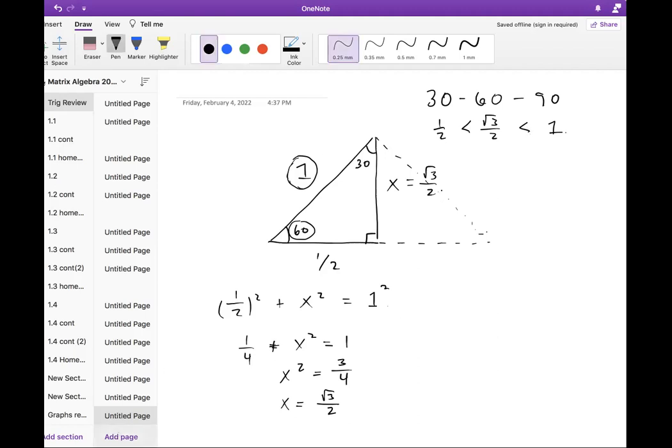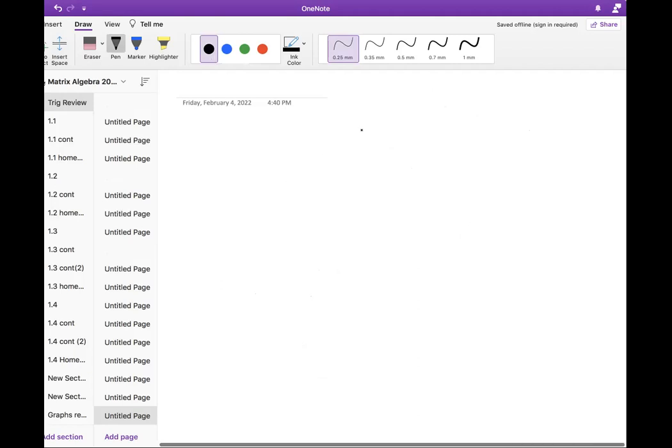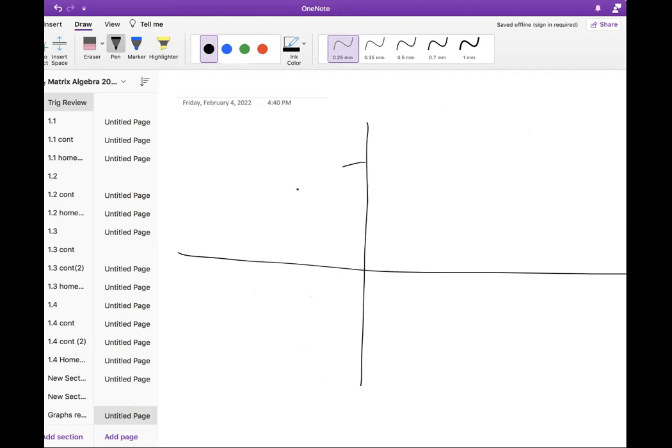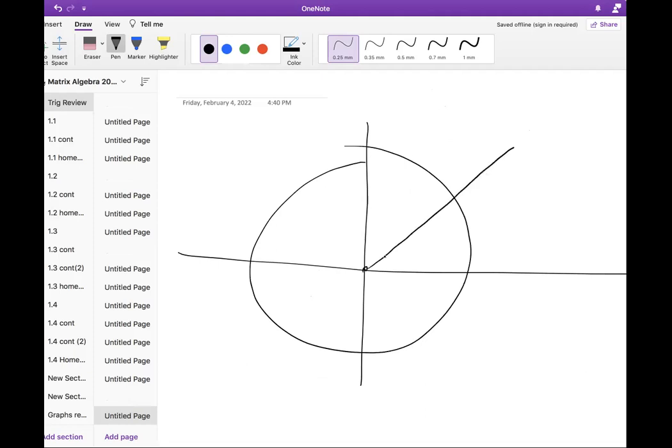Okay, so let's go back to our circle now. So let's have a ray with angle 60. When it hits the circle and then we drop down a perpendicular, we get a right triangle.